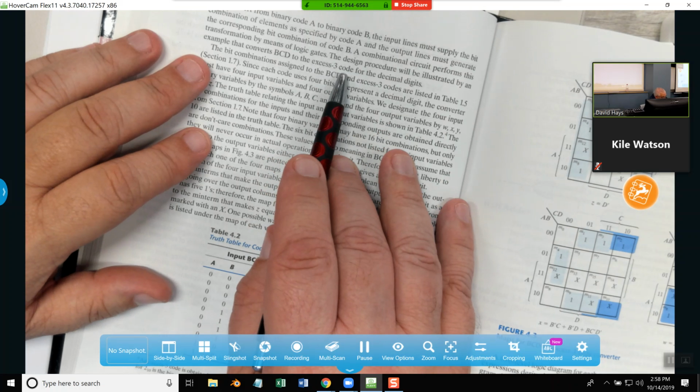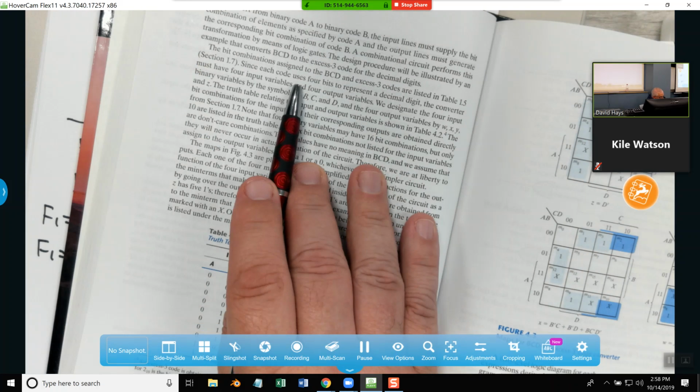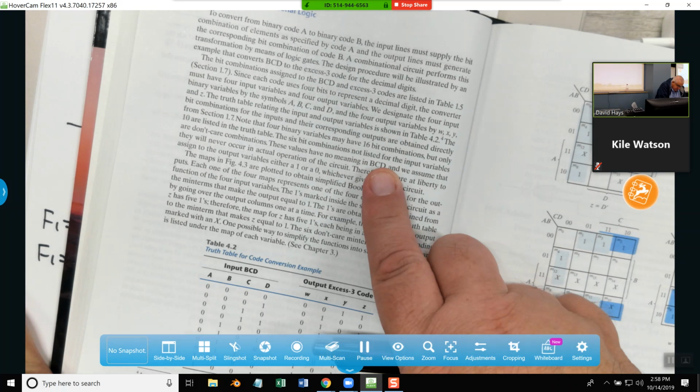The bit combinations for the inputs and the corresponding outputs are obtained directly from section 1.7. Okay, that's what they're talking about. Okay, I see.